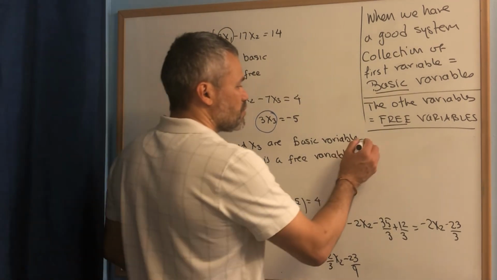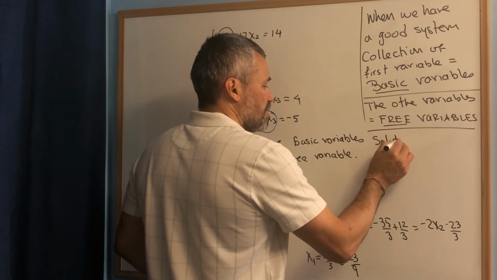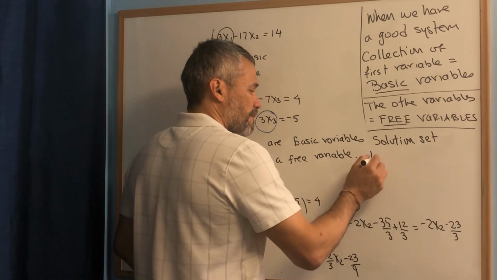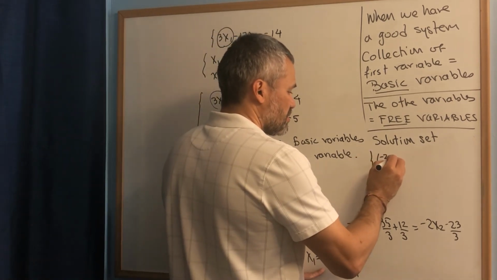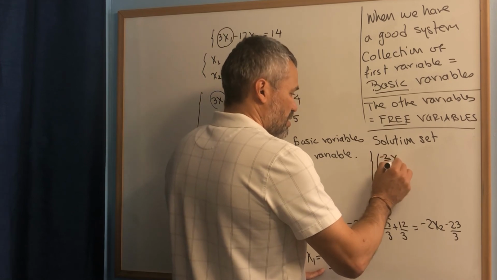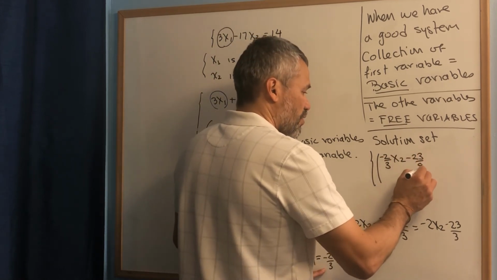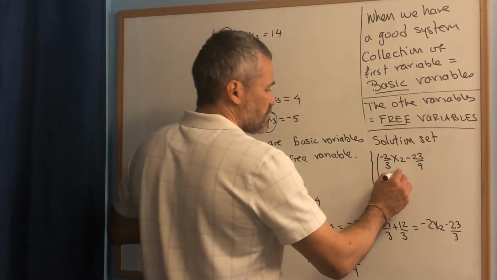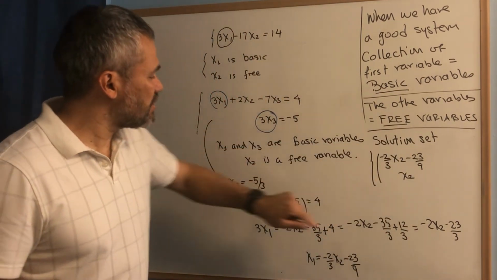Then in this case, the solution set is going to look like, let me write solution set. What is x1? x1 is negative 2/3 x2 minus 23/9. x2 is free. That means that x2 can be any number. That's allowed to be part of the answer.